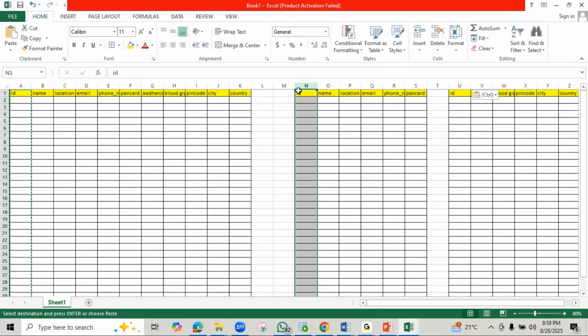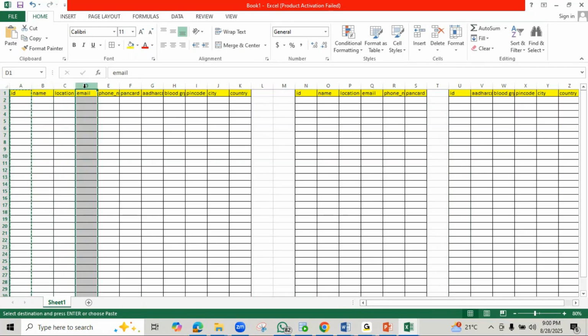Can we consider name? Answer is no, because in a single organization there is a possibility that a few people will have the same name. Location? No, because there is a possibility that multiple people will be from a single location.